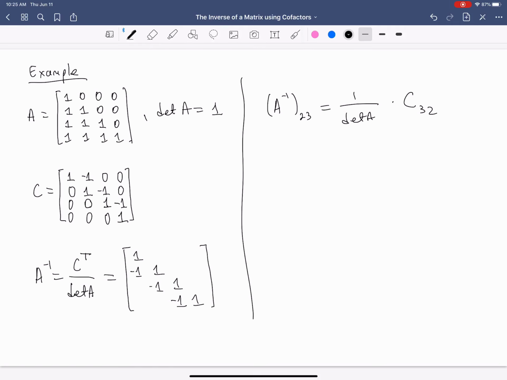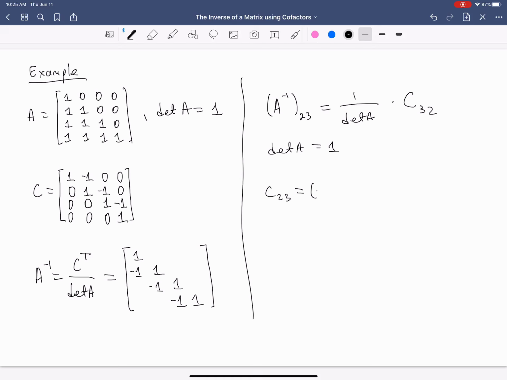You have to compute the determinant of A. Okay, so the determinant of A is 1. And then you have to look for C23. C23 you get by removing the third row, second column. Okay, that's your C32, where you also have to pay attention to the sign.